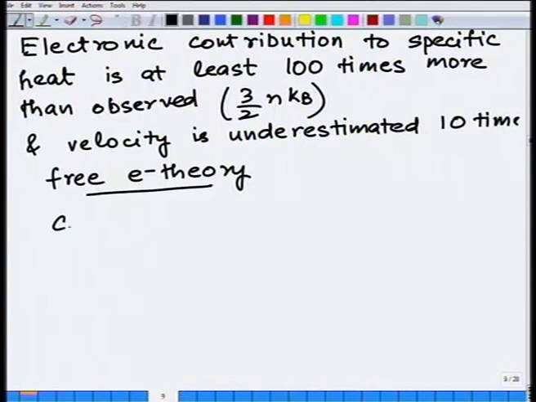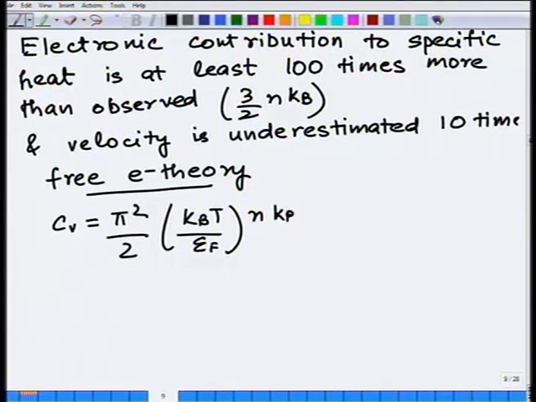I will just simply give you what happens by free electron theory, as opposed to Drude's theory, where C_V equals 3/2 n k_B. This factor n k_B is the same in both the classical theory and the free electron theory.